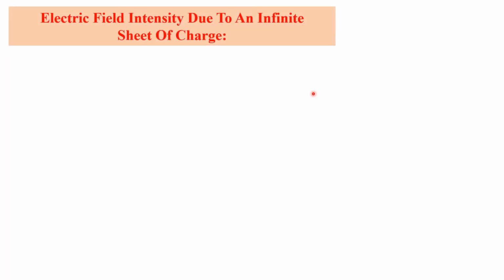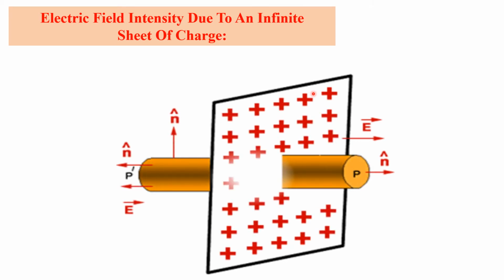Second application of Gauss law, electric field intensity due to an infinite sheet of charge. Here we have considered an infinite sheet of charge. Because it is positively charged, its field will be outward. The distance between this infinite sheet of charge and this point P is r. We have considered a Gaussian surface which is a cylindrical shaped surface.